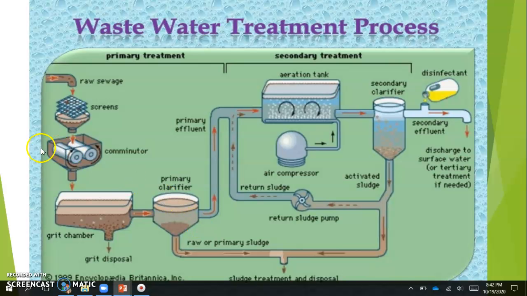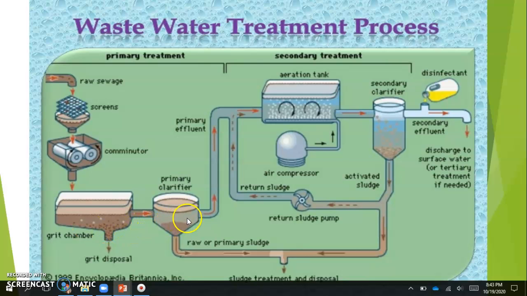And here is just a visual of that wastewater treatment. And we do need to know the primary, secondary, and then the tertiary portions, right? So we have those screens. So here we have all of the big stuff caught. Then the wastewater moves to the grit chamber where the smaller things like eggshells and coffee grounds will settle out.